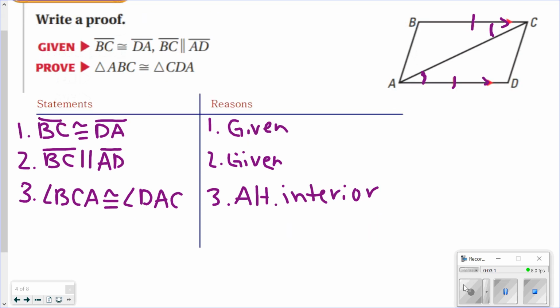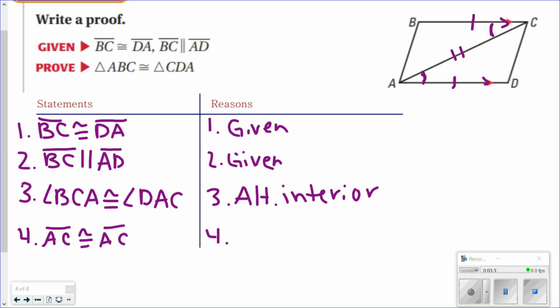All right, so right now I have a side and an angle for both of my triangles, and I need to find another side. Well, if I look at my diagram, I notice that both triangles share the side AC. So I'm going to mark this. And so now I need to write this out. So I have segment AC is congruent to segment AC.